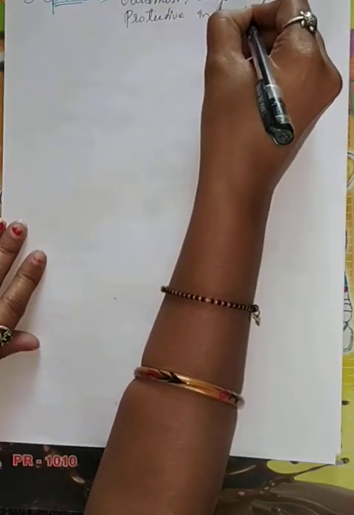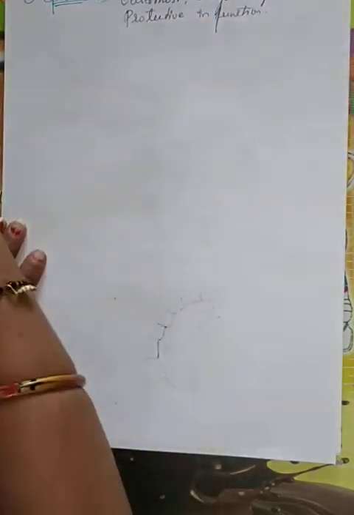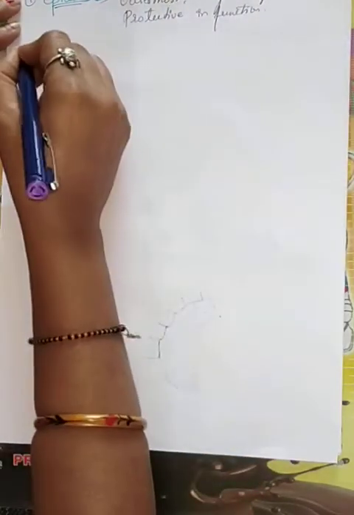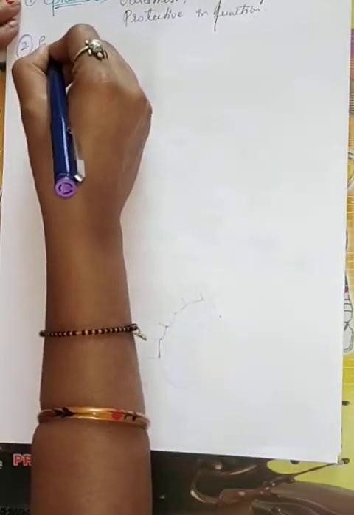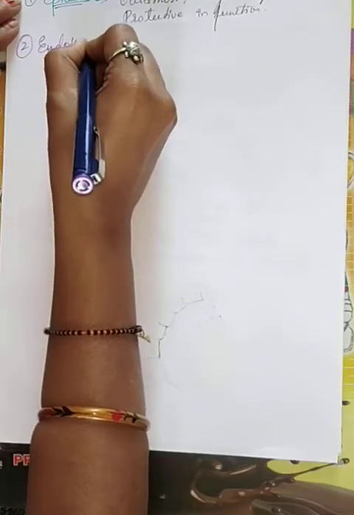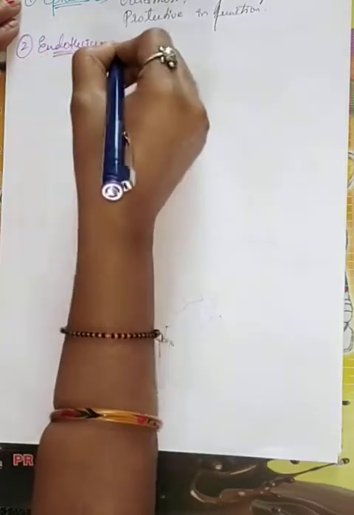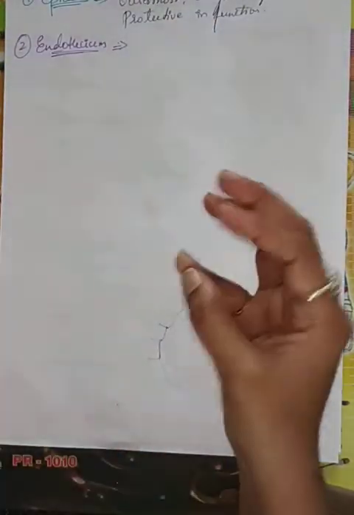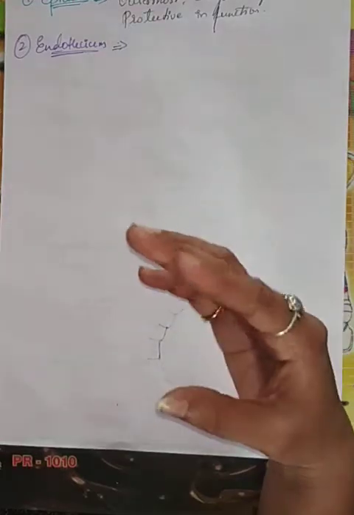That's it. Then the second one is endothecium. Please, this sequence should be like this only. You should not mix them up. First should be epidermis, endothecium, middle layer, tapetum.